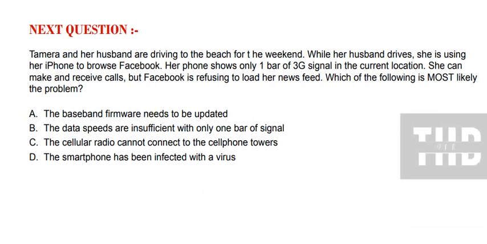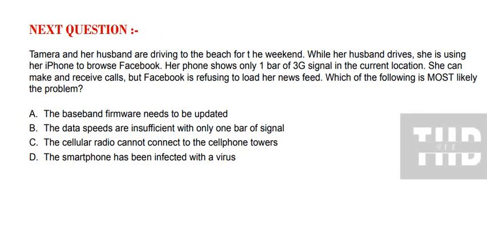Next question is, Tamara and her husband are driving to the beach for the weekend. While her husband drives, she is using her iPhone to browse Facebook. Her phone shows only one bar of 3G signal in the current location. She can make and receive calls, but Facebook is refusing to load her news feed. Which of the following is most likely the problem?